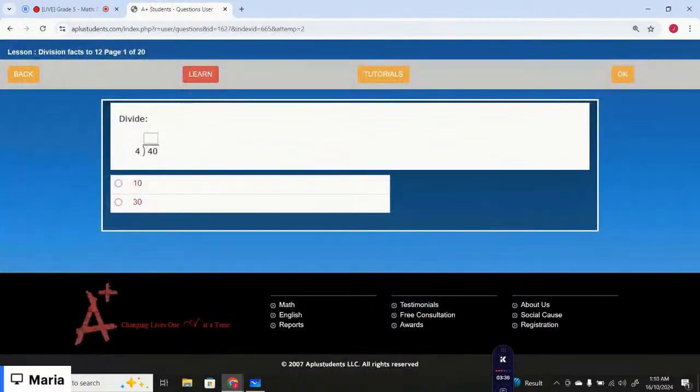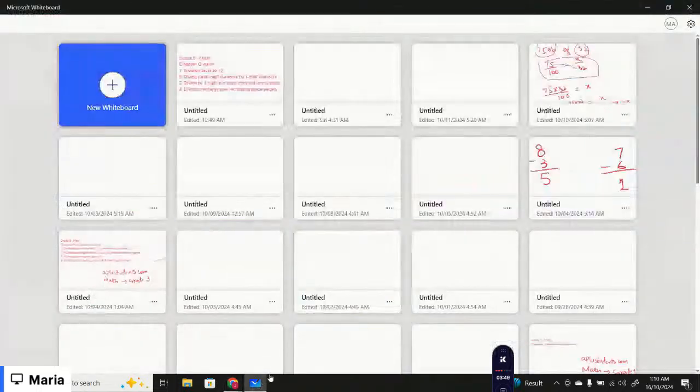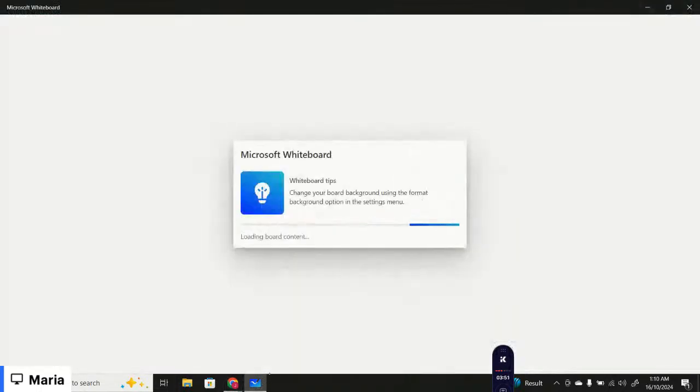The next example is 40 divided by 4. You have to divide 40 by 4. So you need to count a table of 4 until 40, or you have to do the repeated subtractions, right?